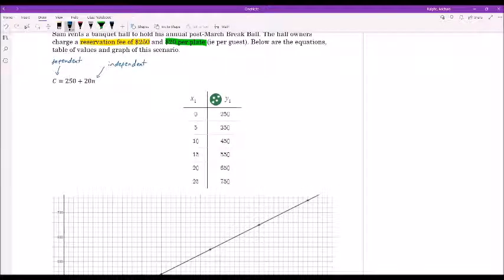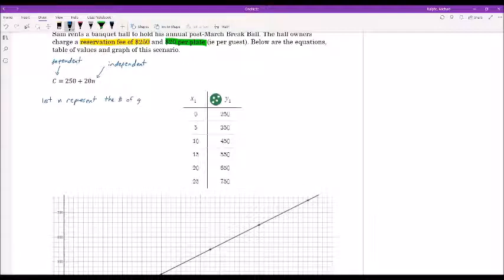That's the n, and usually we need to define the variables so we can make some sort of statement. These statements usually start off the same way: let n represent the number of guests.